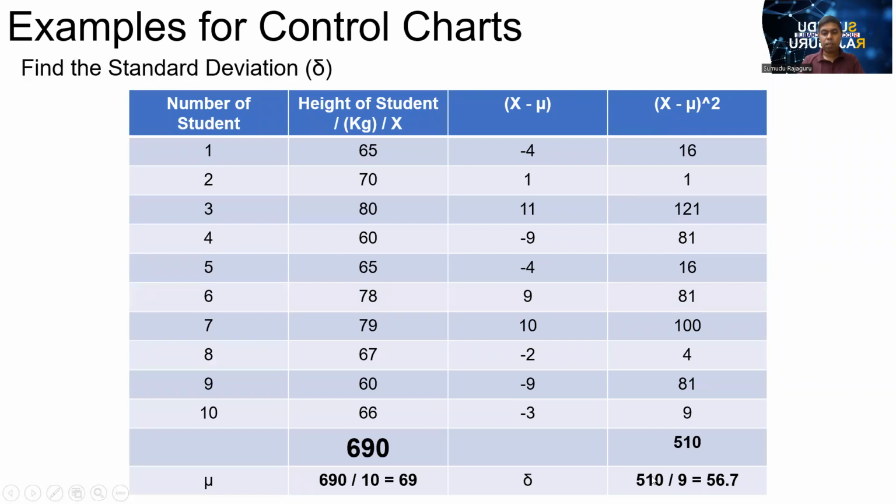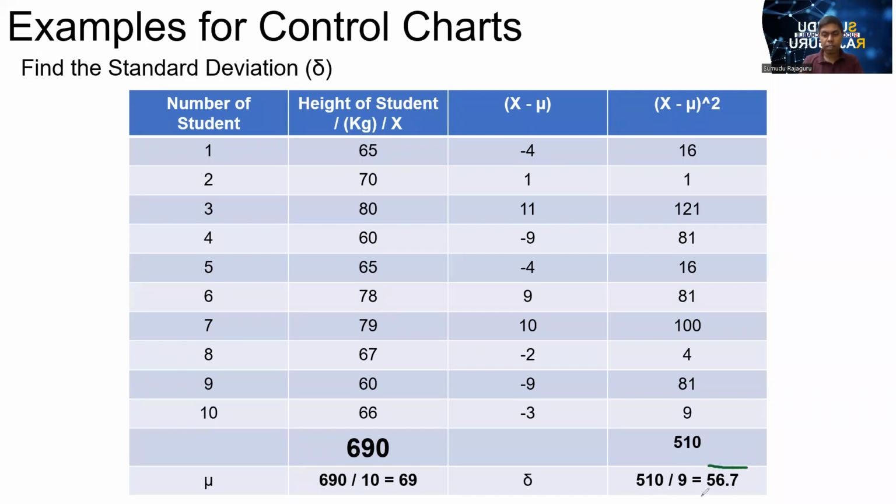The x minus mu squared summation is 510. Divided by n minus 1, which is 9, the answer is 56.7. So we have to take the square root of 56.7.